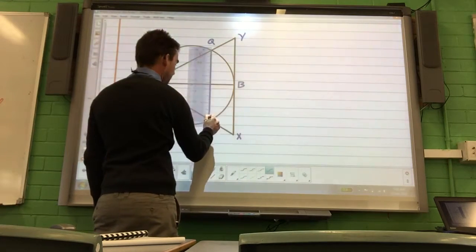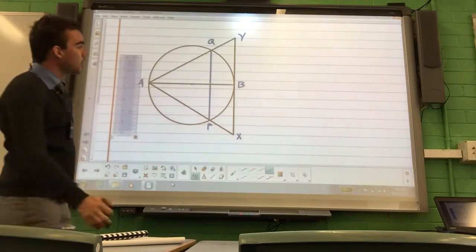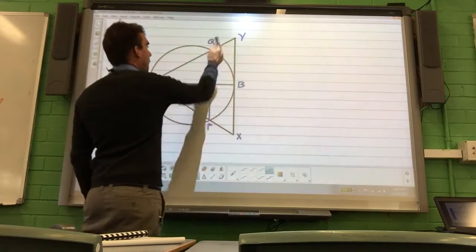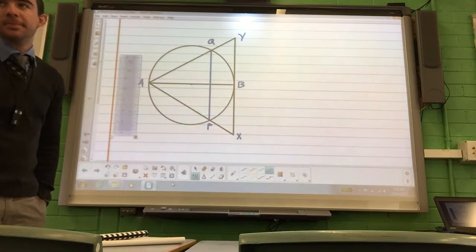Let's put the whole thing in there. Alright, so we need to show that PXYQ forms a cyclic quadrilateral.